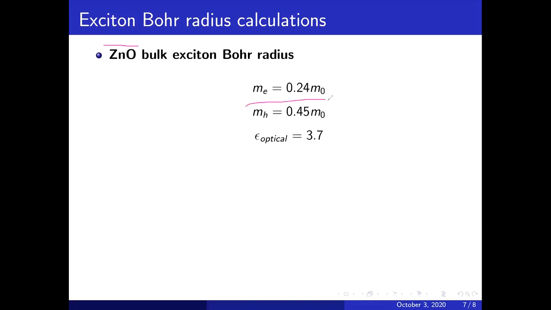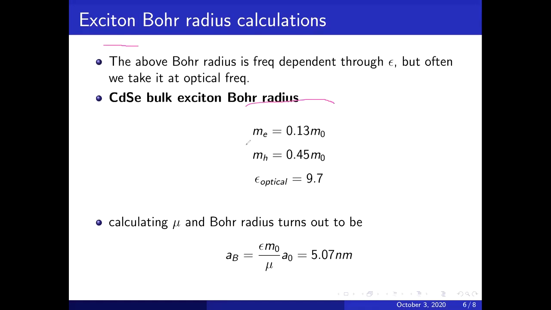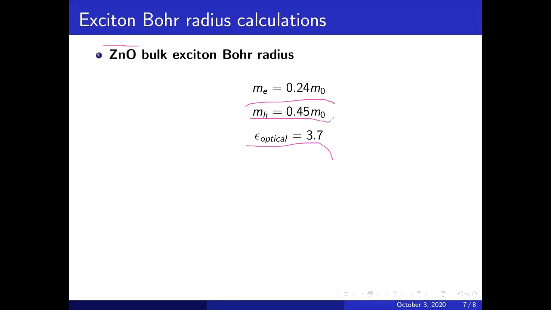The mass of the hole is the same as in the cadmium selenide crystal, 0.45, but the effective mass of the electron was 0.13 there, and here in zinc oxide it is 0.24. So these two parameters vary from one crystal to another.